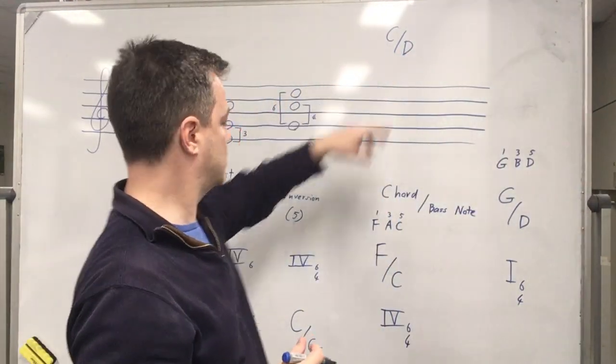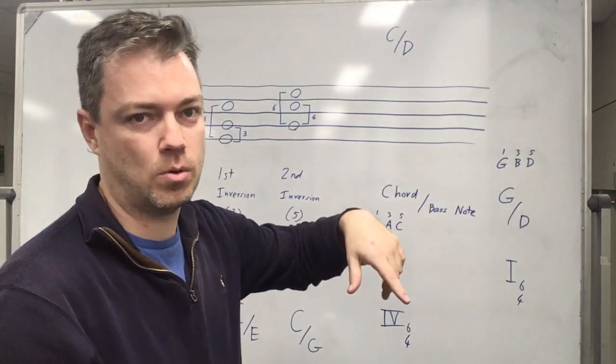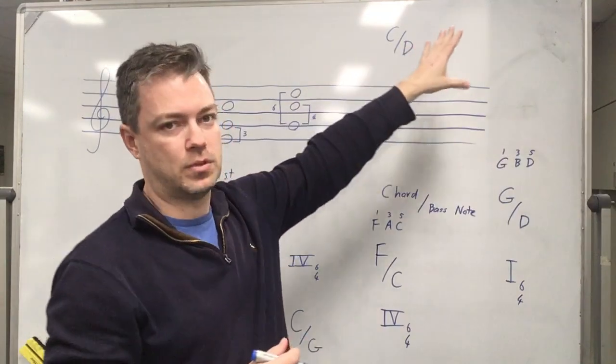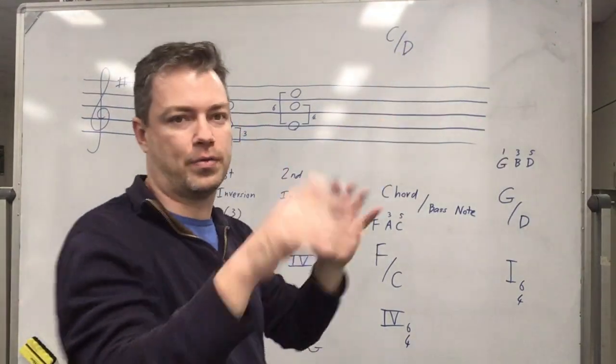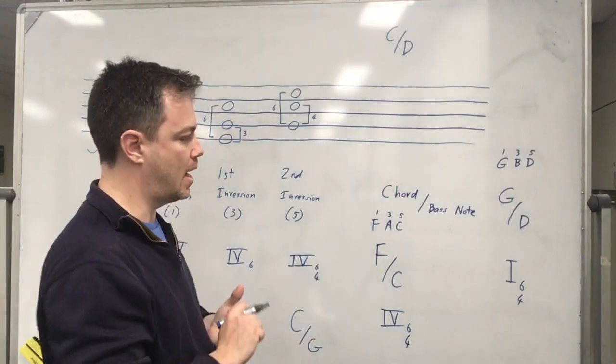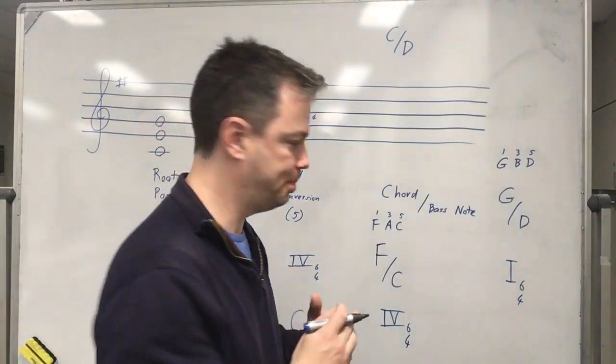You'll notice that there's no D note in a C chord. So just so you're aware, not every slash chord is going to be an inversion. There are lots of other types of them.